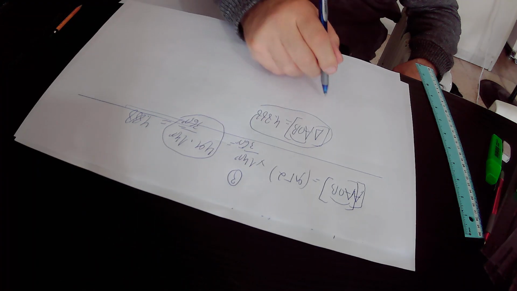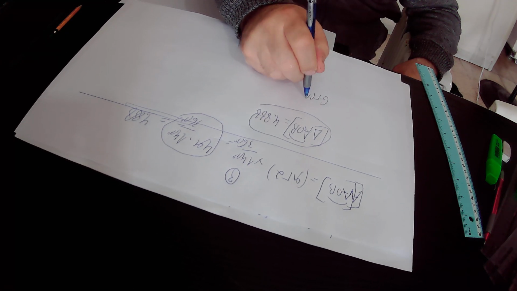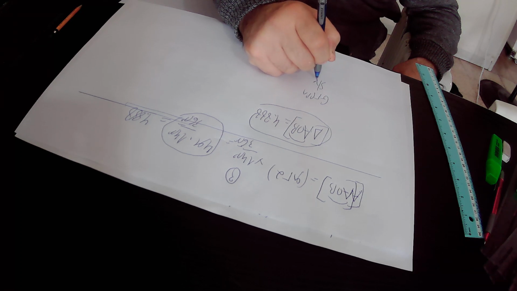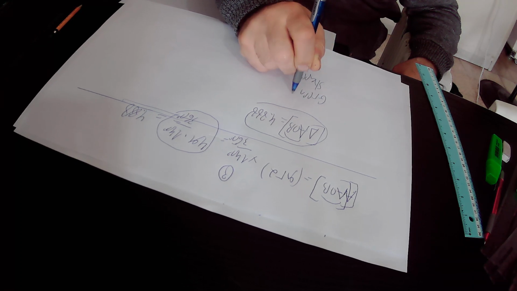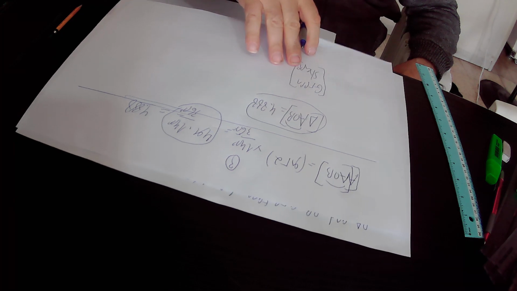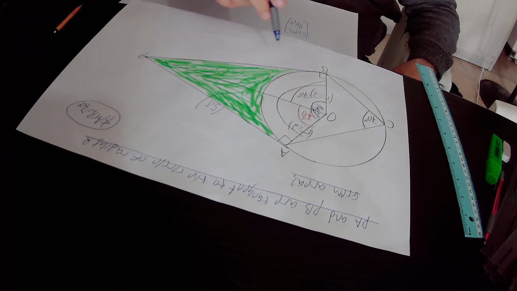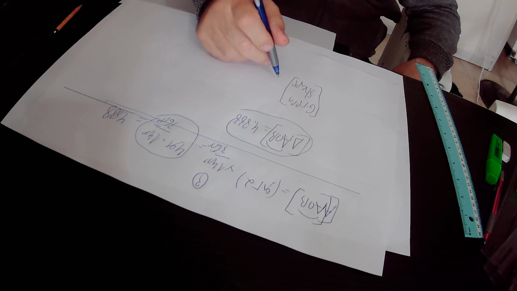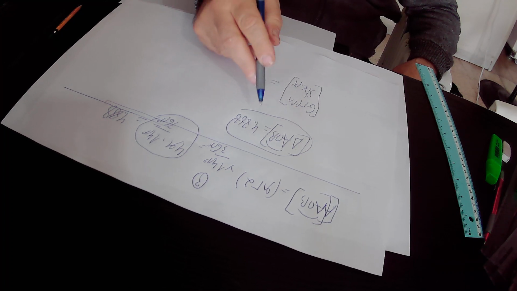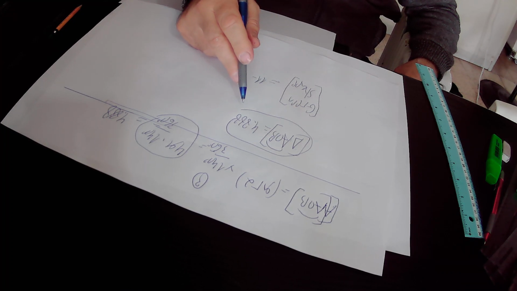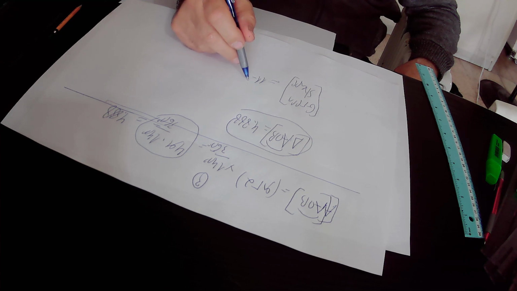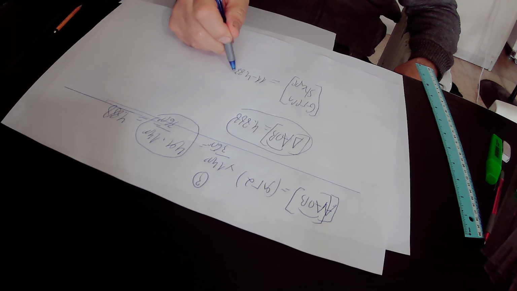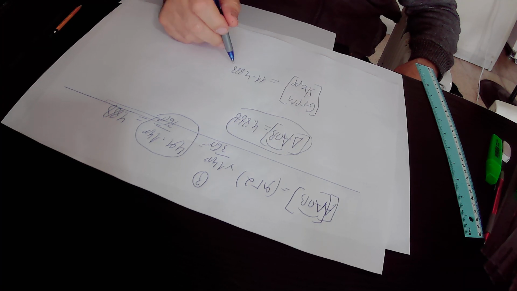and therefore the area of the green shape in total equals the area of quadrangle AOBP that we have already found out, that is 11 square units, minus the area of sector AOB that we just found out, that is 4.888 square units. 11 minus 4.888 is 6.111 square units.